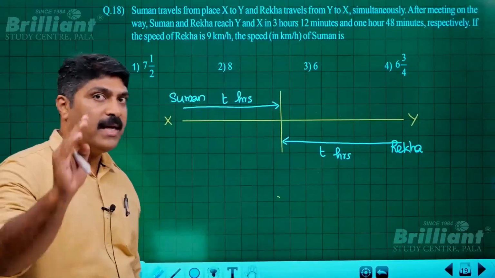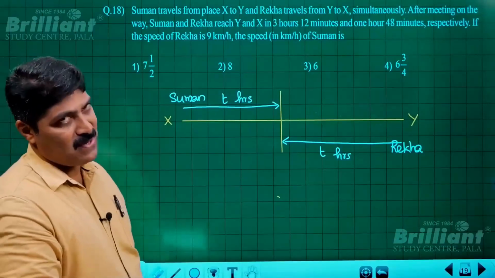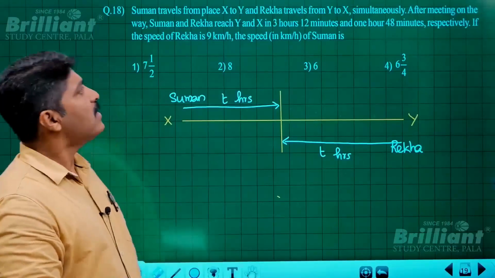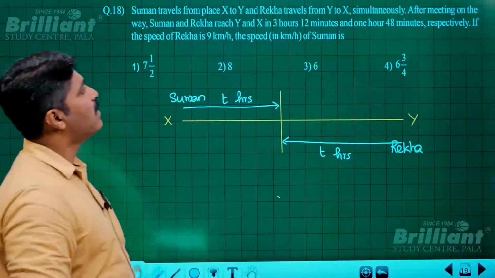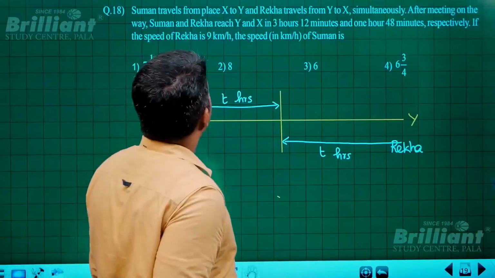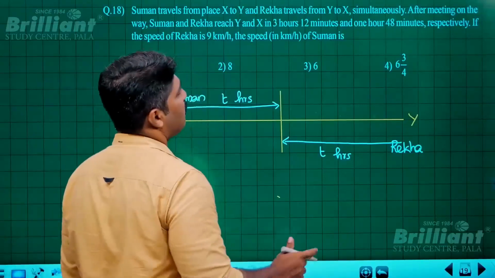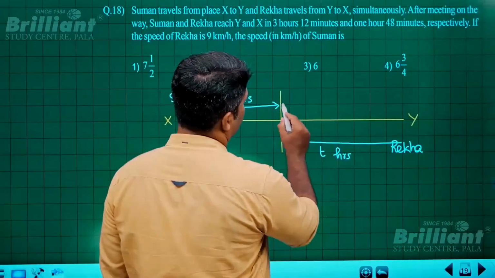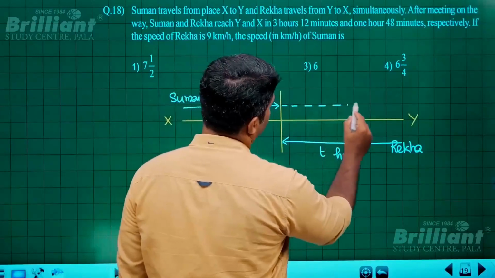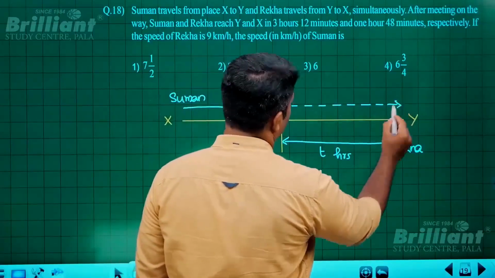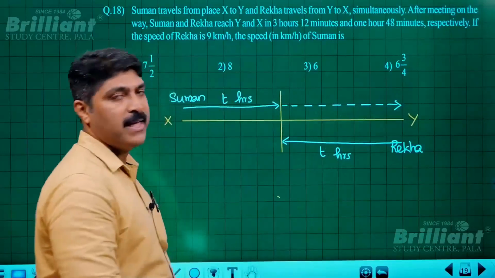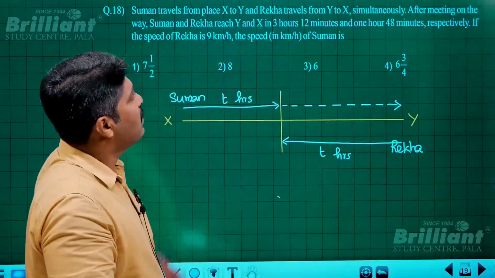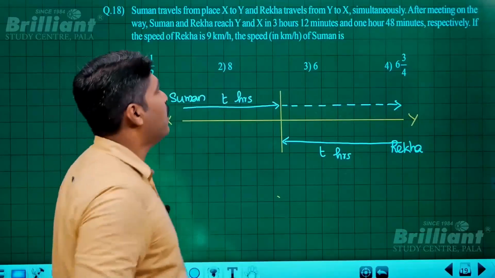So the time is constant. Then after meeting on the way, for covering the remaining part of the distance, Suman took 3 hours 12 minutes.